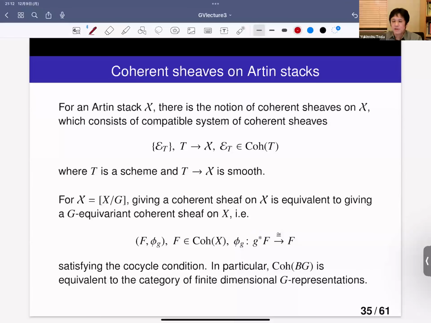And giving such a phi_g is in fact equivalent to giving a map G to GL(V), where V is the vector space over the point. So this is nothing but the G representations. So in this way, considering coherent sheaves on a stack has also to do with representation theory.